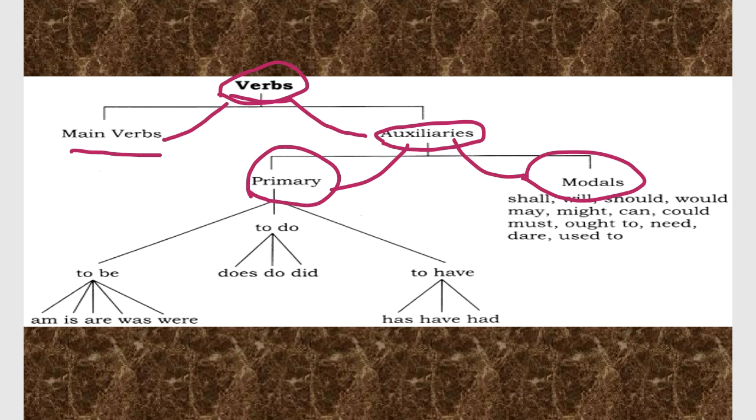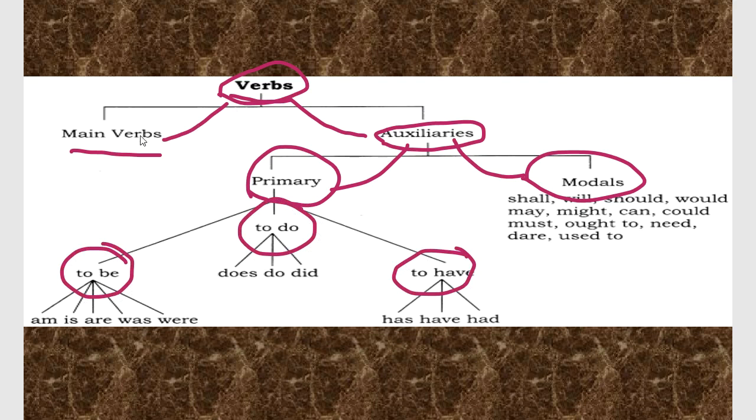Now, the primary auxiliary verbs can again be divided into three. I mean, there are three primary auxiliary verbs. They are the to be form of verb, the to do form of verb, and the to have form of verb. Fine.